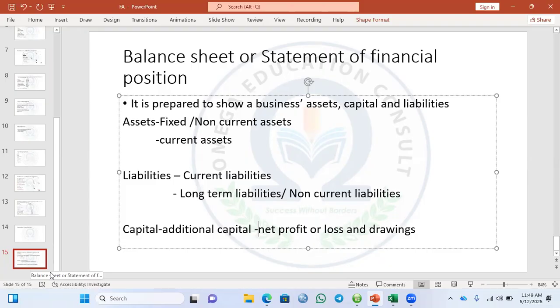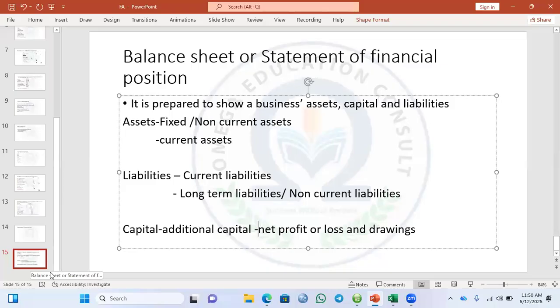So in the balance sheet, there's nothing like debit side, credit side. But for the trading account, we have the debit and the credit, and the profit and loss, we have the debit and credit, right? For the trading account, the credit side is where the net sales elements are, and the debit side is where you have your cost of sales.